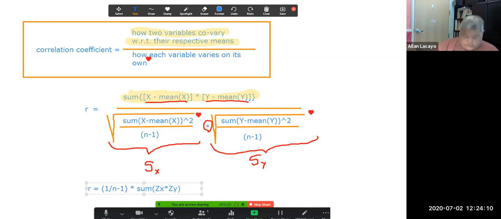So another definition of the correlation coefficient is that it is also the statistical average of the product of the locations of x and y in standard deviation units, in standard score units, z-scores.